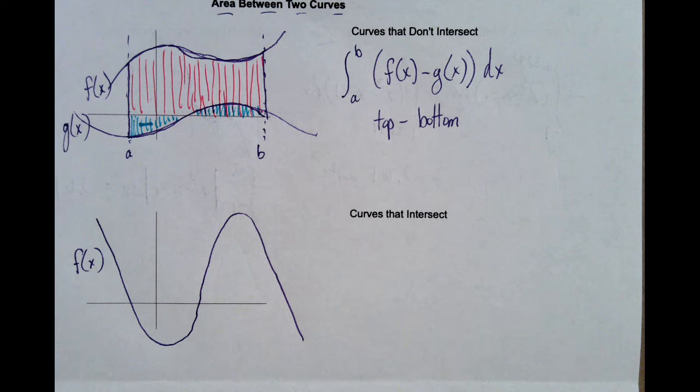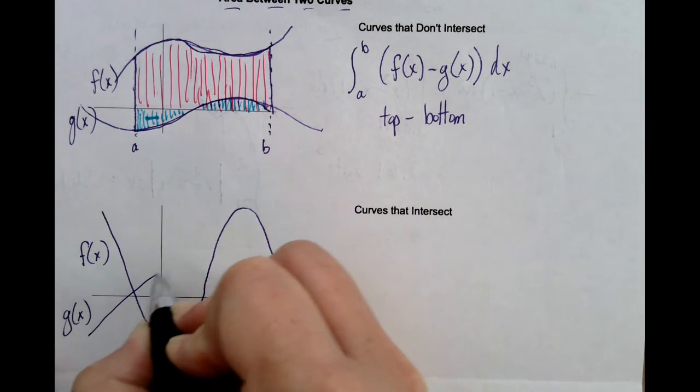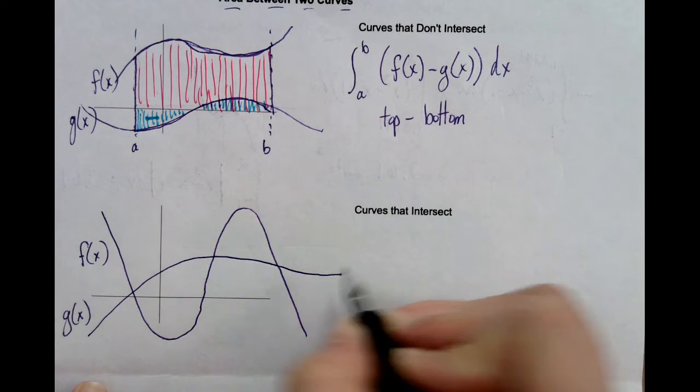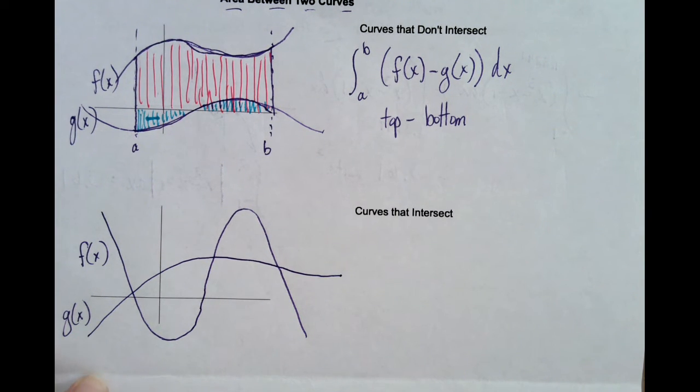I was going for a polynomial, but it's not the best. Okay, but that is f of x, and this is g of x. Okay? And I want to find the area between those two curves.